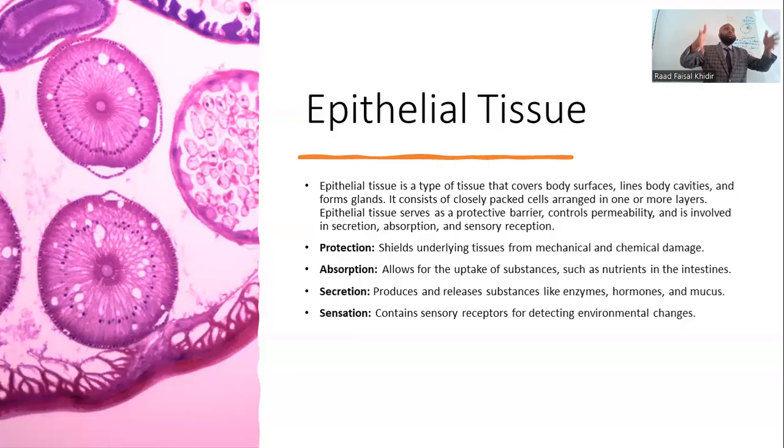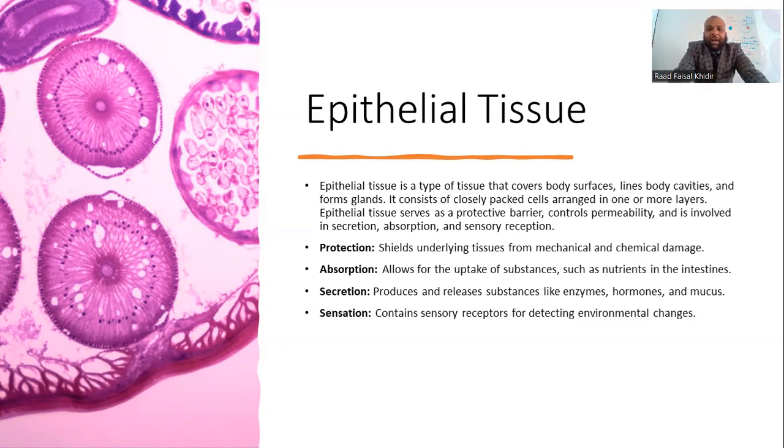It's the mountains on the borders. They prevent these foreign invaders from coming through. Your house is surrounded by a fence to protect you from all the intruders who are trying to come in. So the epithelial tissue is the one that protects you.